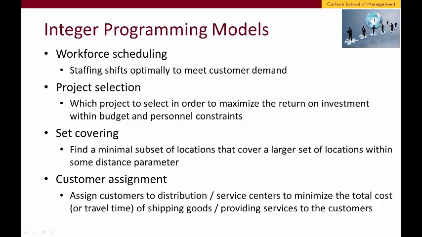Assignment models deal with optimally assigning customers to service centers, jobs to machines, and other types of matching problems, with requirements that each customer is served by exactly one service center or each job scheduled at exactly one machine, all the while minimizing the cost associated with a particular assignment in dollar terms or in terms of time or distance, or some combination of these.